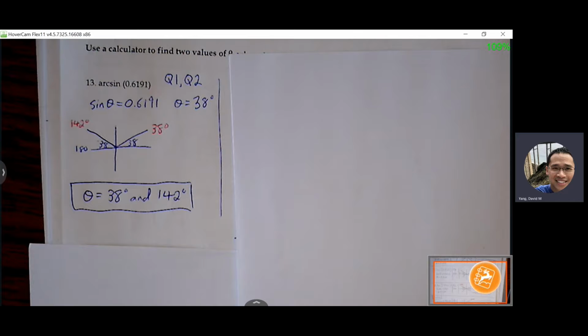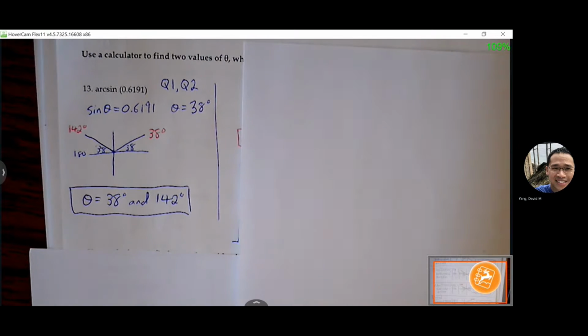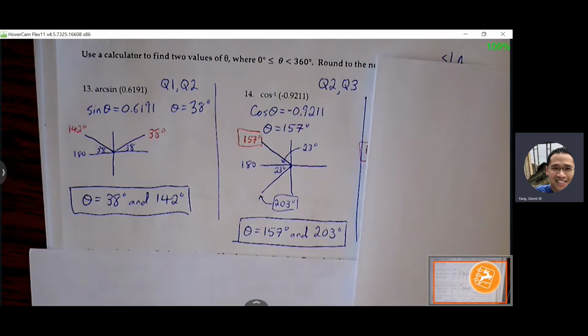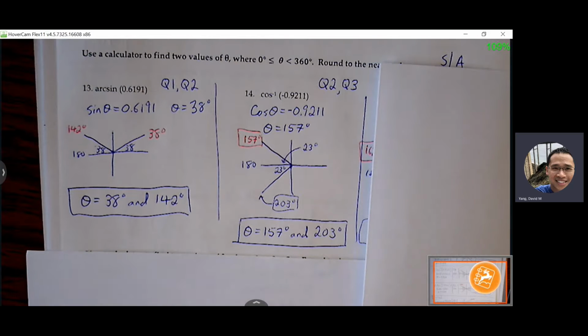Okay, 14. Got that negative cosine going on here, right? So recognize that. See, degrees is easier to spot, right? You see that theta equals 157, and you know that's not quite a reference angle because you recognize that's not less than 90. So you know that's automatically second quadrant.